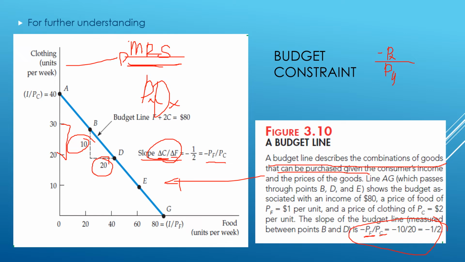It is because we know that the price of food is 1, so that is supposedly 1F plus the price of the clothing, which is 2C. So therefore it is like that. That's how you deal with this one. You're just substituting it into your formula already. So let's go on to how we deal with this one, or further analysis.